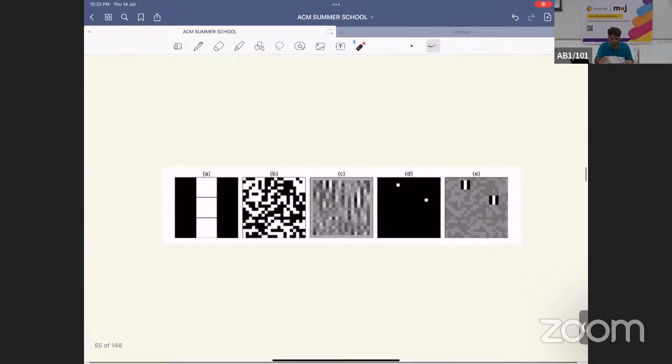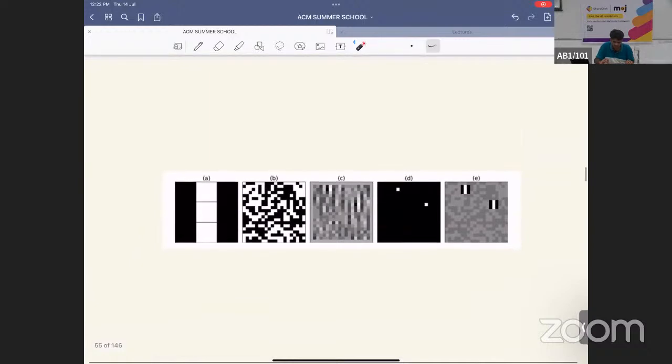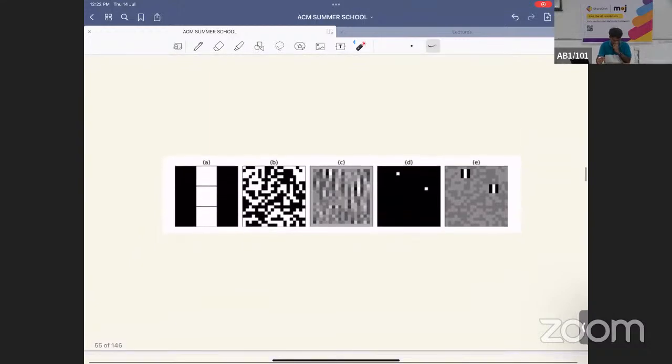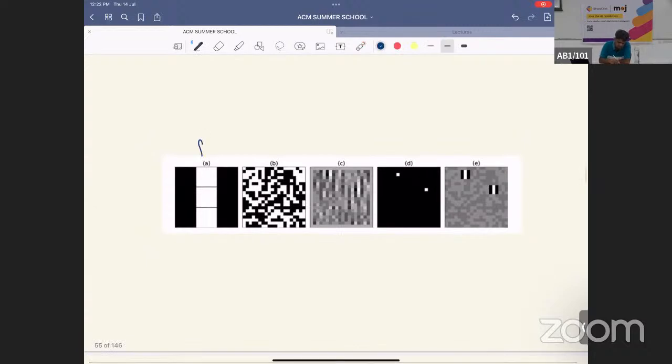Okay. So let's do a toy example to understand this. Suppose this is your filter, and this is your input. This is your convolution output.